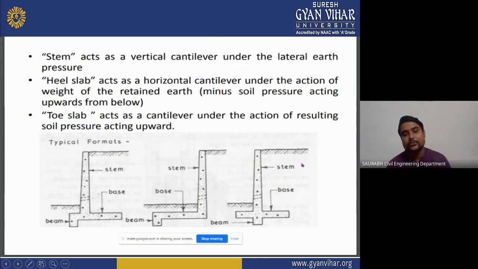What is the work of the toe slab here? It acts as a cantilever under the action of the resulting soil pressure acting upward. As you can see here, that is your toe slab. This is a part of your cantilever wall.